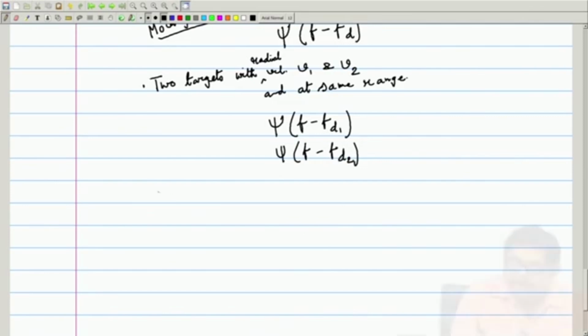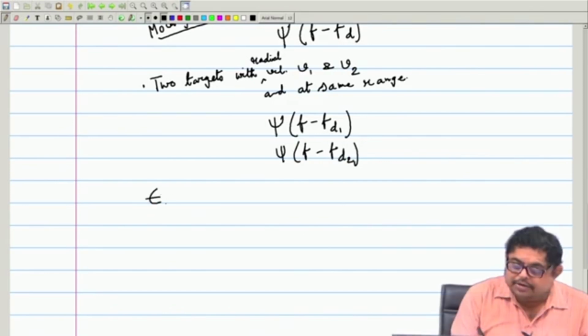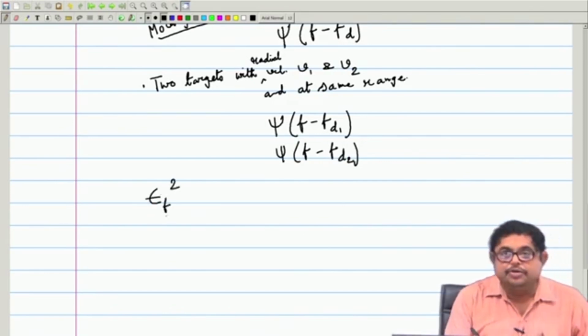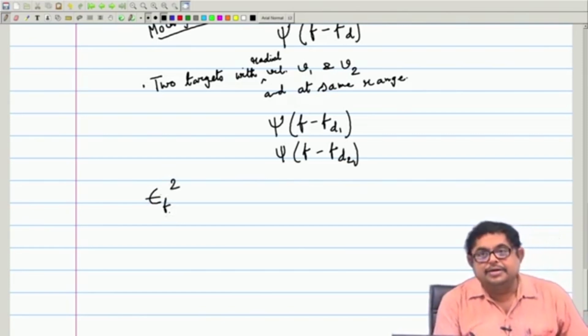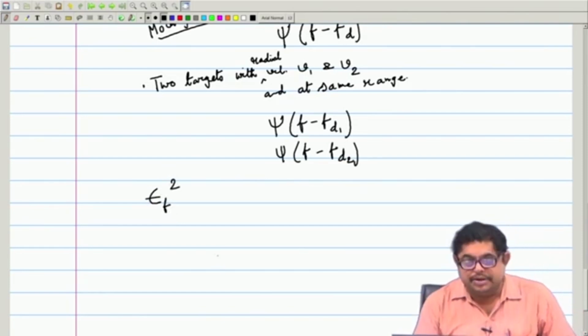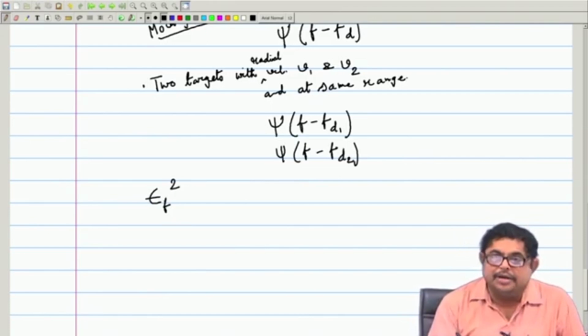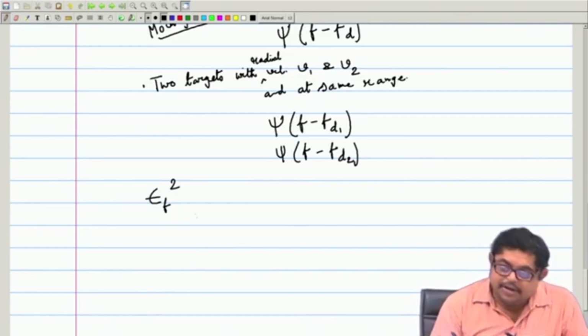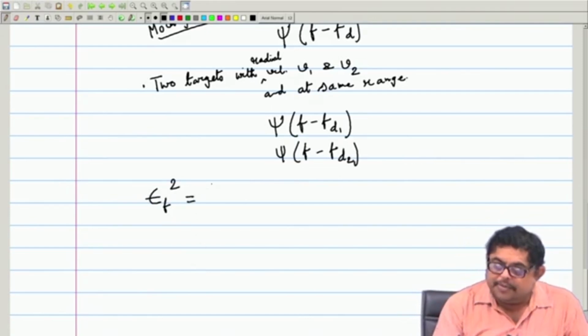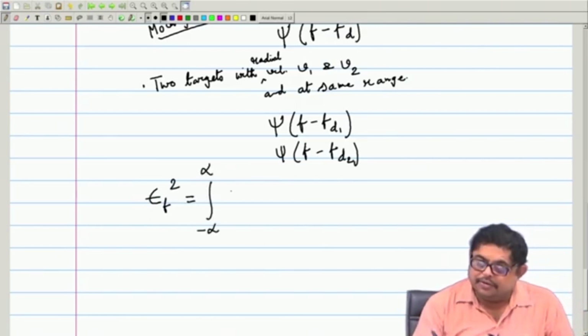So, I can now form the integral square error, but remember that this is in the frequency domain between two such Fourier transforms. So, I am writing f as a subscript, and I can form again this difference integral square error.